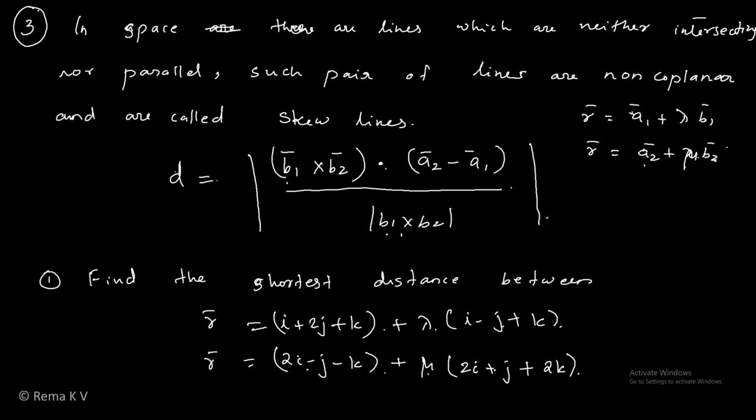So in this case, to find the shortest distance between these lines, we need b1 cross b2 dot a2 minus a1. To find this cross product and this dot product together, we can write this as a determinant.